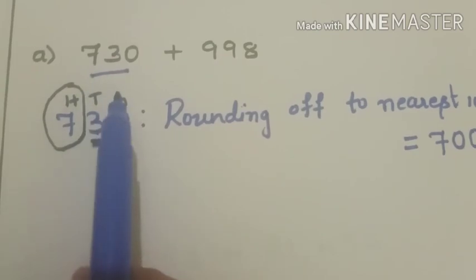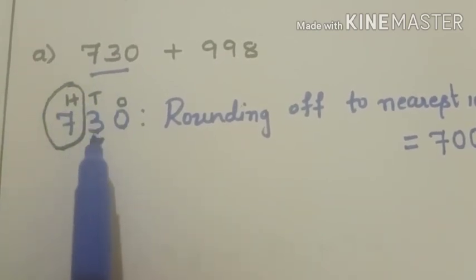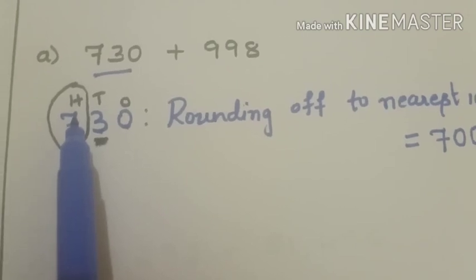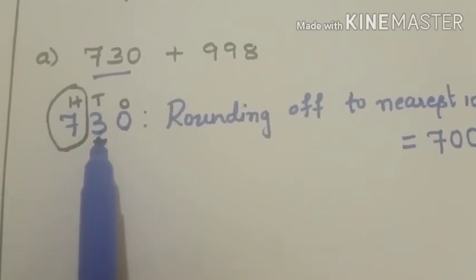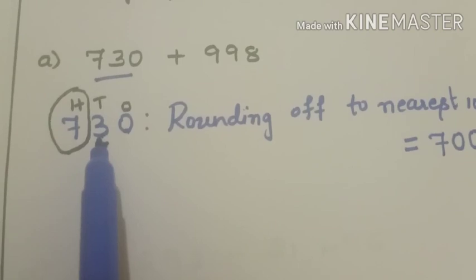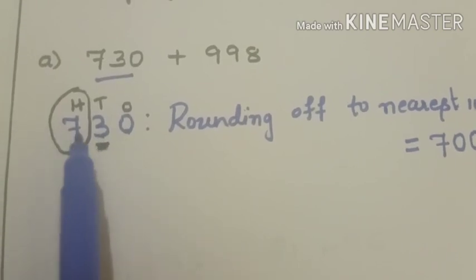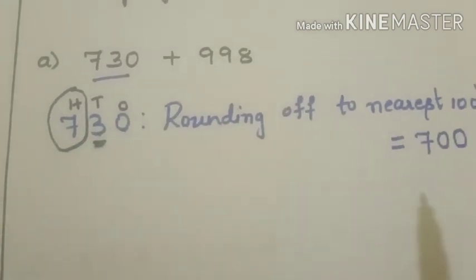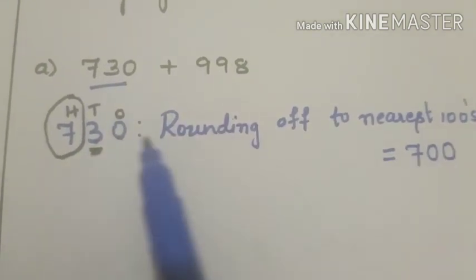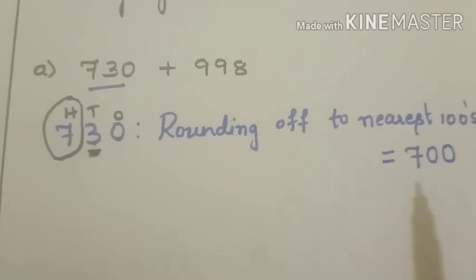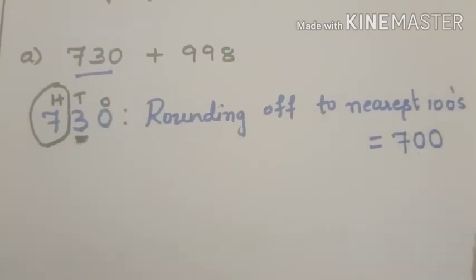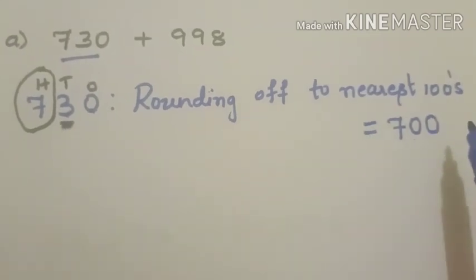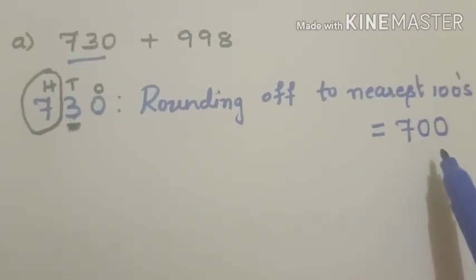If it is greater than 5 or equal to 5, then you have to add plus 1 to the hundreds place. Here it is less than 5, so just write down the hundreds place 7 as it is, and then the tens place and ones place will become zeros. Rounding off 730 to the nearest hundreds will become 700.